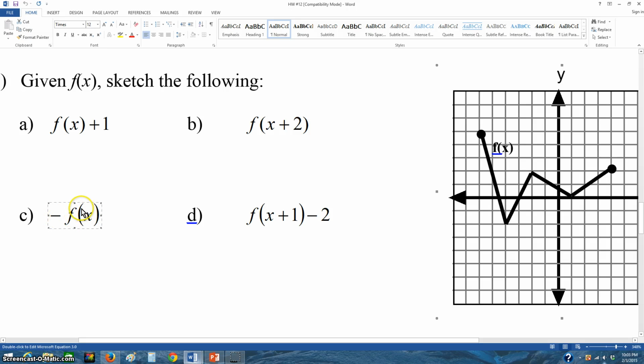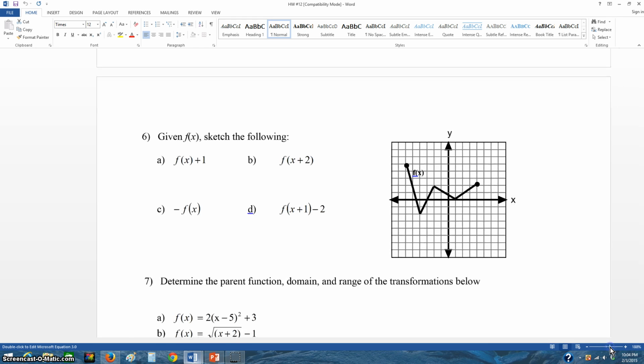Y. So you're going to multiply your y value by negative, and you're going to still keep your x value, and you should get a graph that has been reflected about the x-axis. And then D will be a compilation of all the shifts. So you should be able to follow that letter D part and apply those transformations.